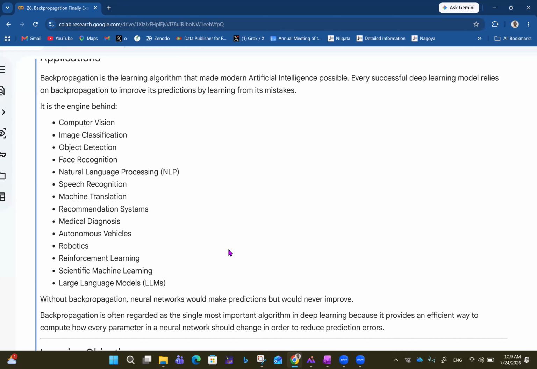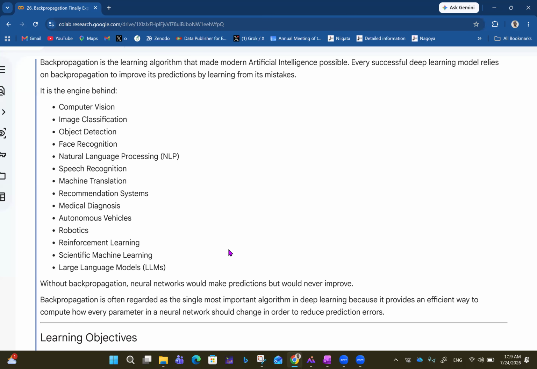So if you're going to say one important keyword in the whole idea of artificial intelligence, it is back propagation.